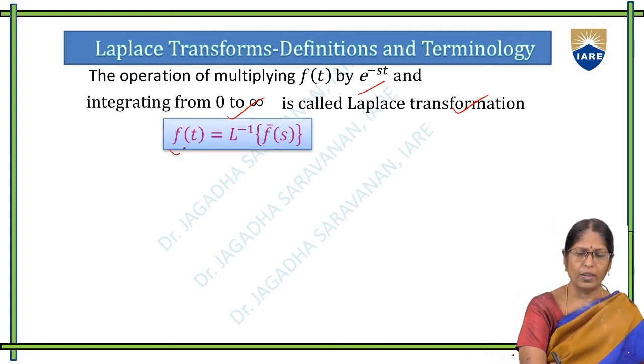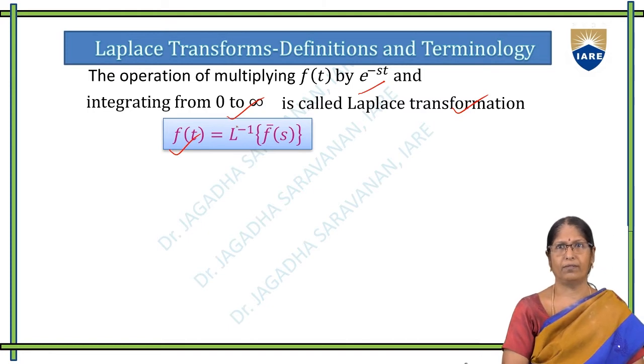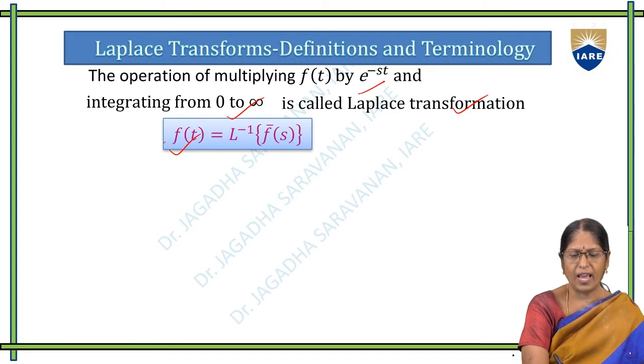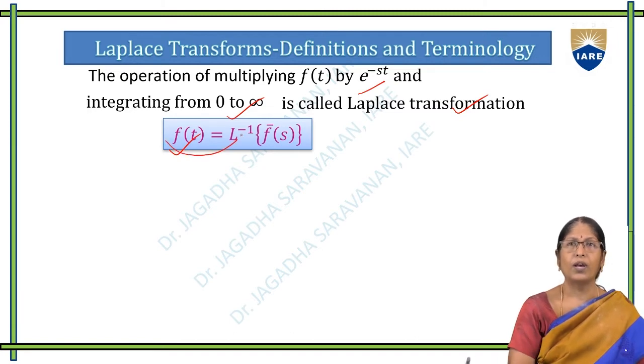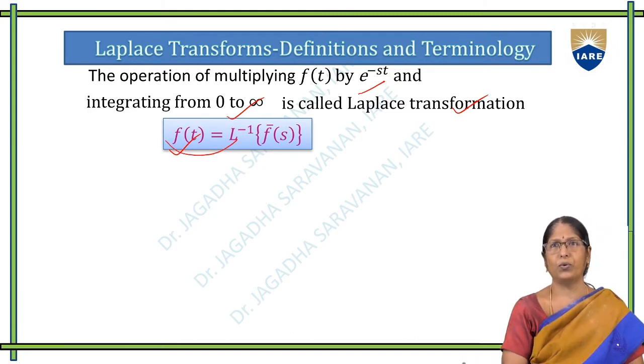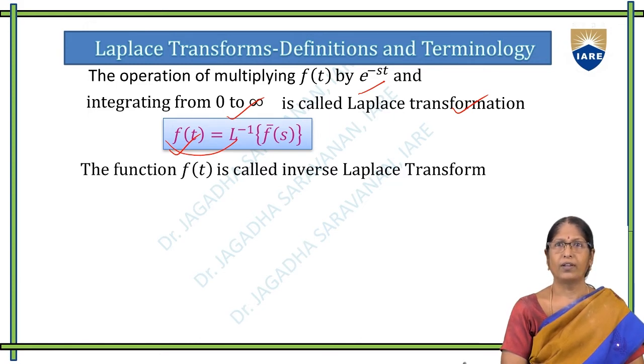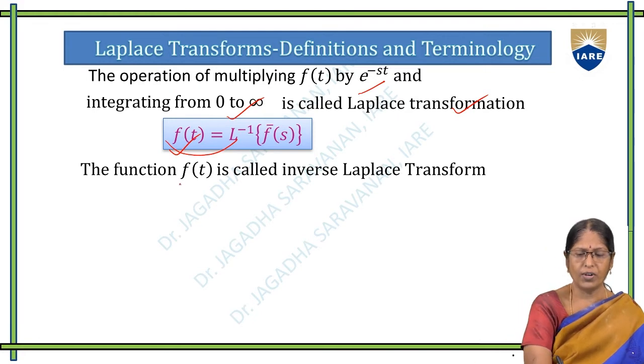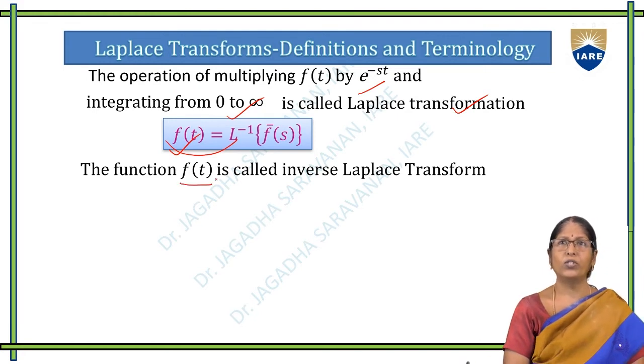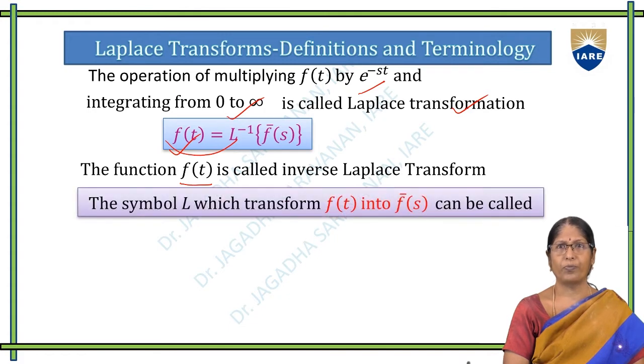Now, L of f of t is equal to f bar of s. That L we push from the left position to the right position. Then it becomes L inverse of f bar of s. So now the function f of t is called the inverse Laplace transform.